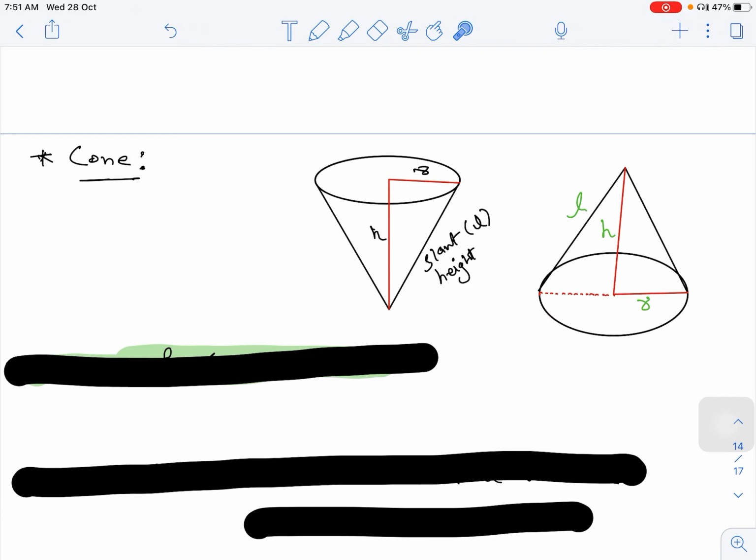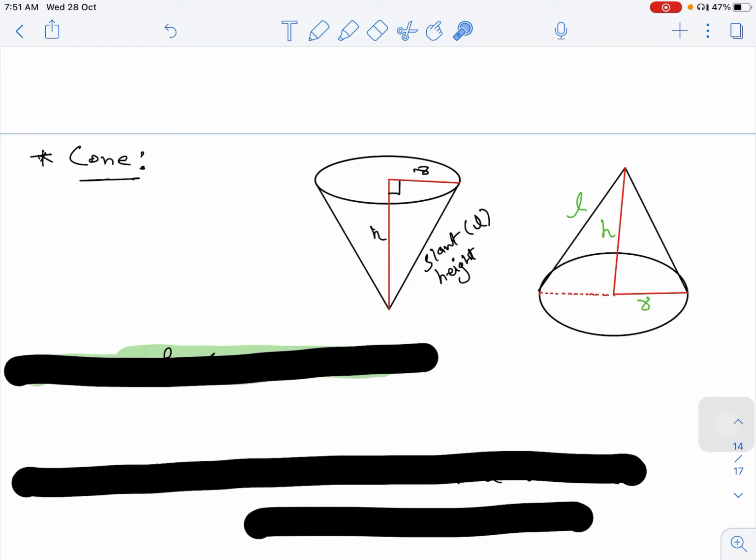Now this surface, that is this much part, covers the curved surface area of a cone. In CSA, there is no role of the perpendicular height. Remember that the angle formed between the radius and the height is 90 degrees, so it is known as the perpendicular height.